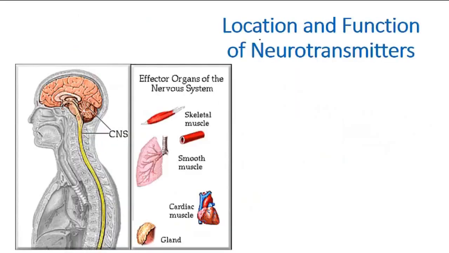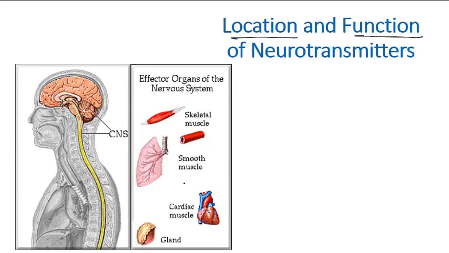Now, if we talk about the location and function of these neurotransmitters, we have learned about acetylcholine and norepinephrine, and we found them in the central nervous system and also in effector organs of the nervous system. Here we will see the neurotransmitters of the peripheral nervous system, because that's also very important, right?